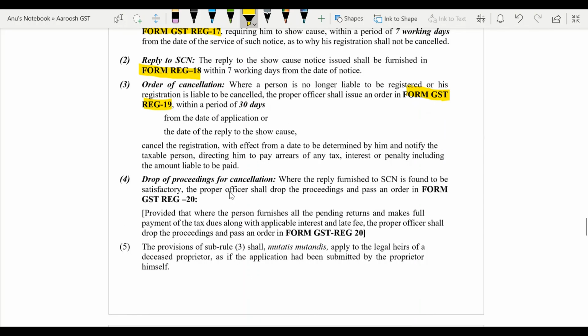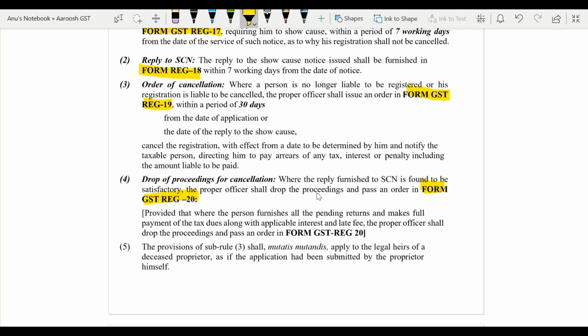Drop of proceedings for cancellation. Where the reply furnished to the SCN is found to be satisfactory, the proper officer shall drop the proceedings and pass an order in Form GST Reg 20. So, whenever I have given a reply on why my registration is not to be cancelled, and the proper officer feels that this is a good enough reply, right?